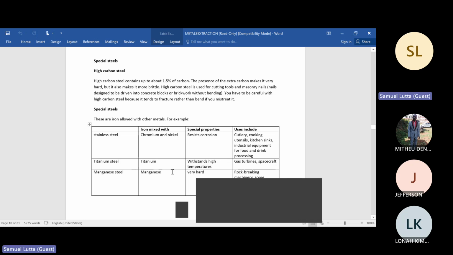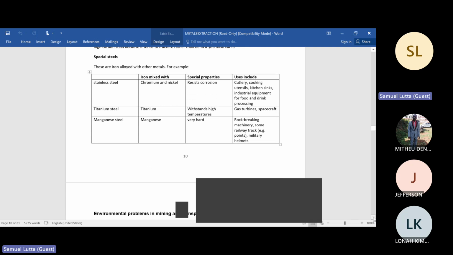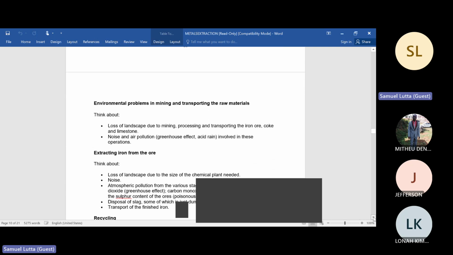It can be mixed with manganese to form, again, a very hard material. This one is used in rock breaking machinery, the ones which normally hit the rock so that it breaks into small pieces. And some railway tracks also contain this material. The advantage we use here is because of the hardness of the iron.